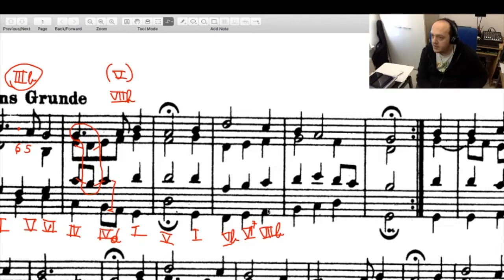Fa diesis, la, and do twice. Okay. Yeah, that's chord 7 in first inversion, going to chord 1 in first inversion. Yes, that's sol, si, re.